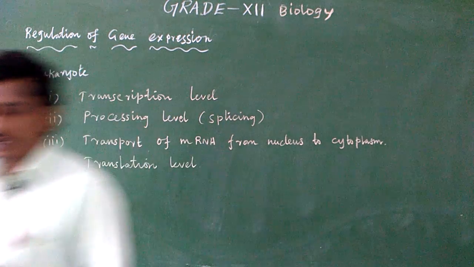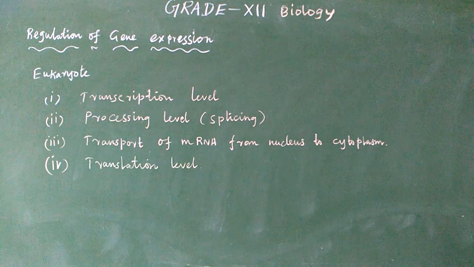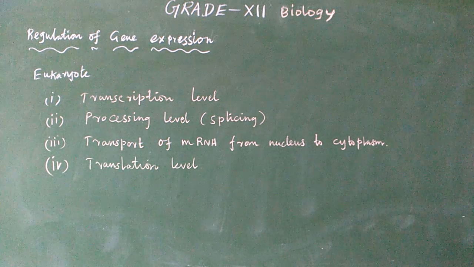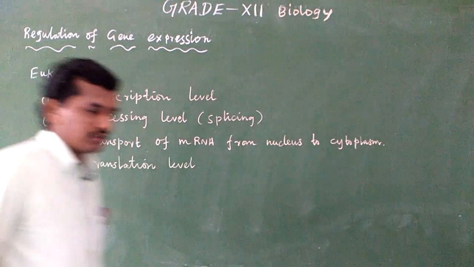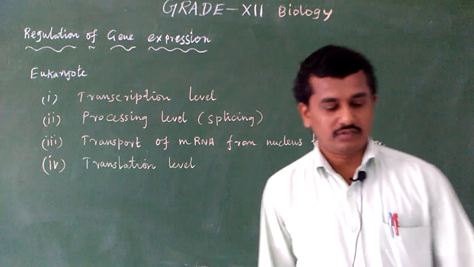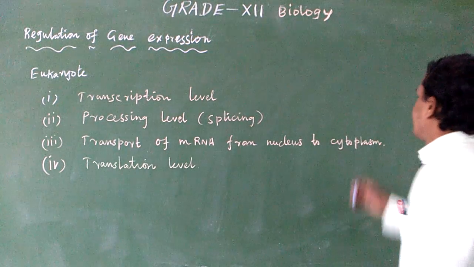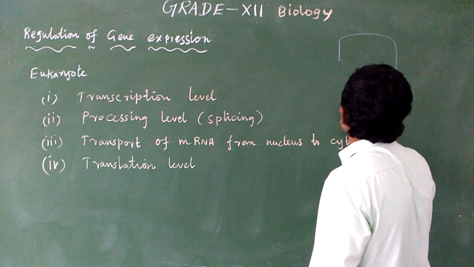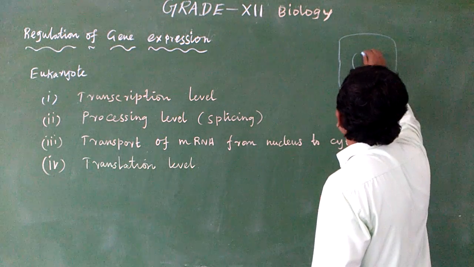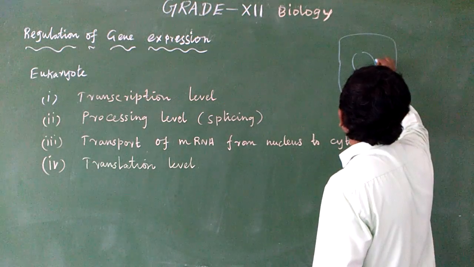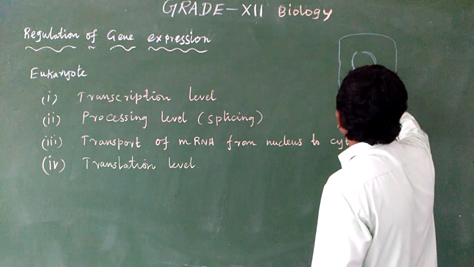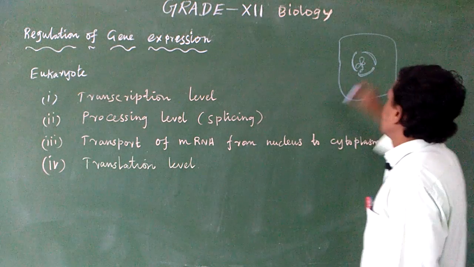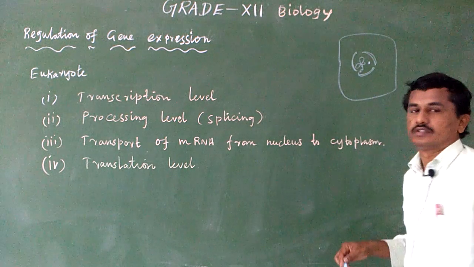We have studied how genes express the characters in the last section. For example, listen, this is an animal cell. The animal cell contains a nucleus. This is a eukaryotic cell. It contains a nucleus, chromatin reticulum and nucleolus.